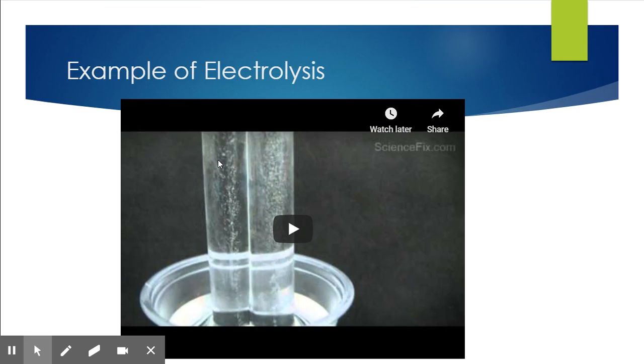If you watch this video, it's actually a very simple way that you can even do at home to separate oxygen and hydrogen in water. You still want to be careful though, because hydrogen is flammable, right? And so it's combustible.